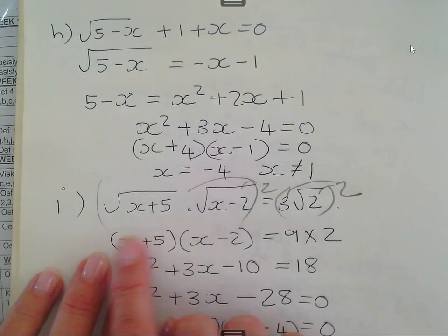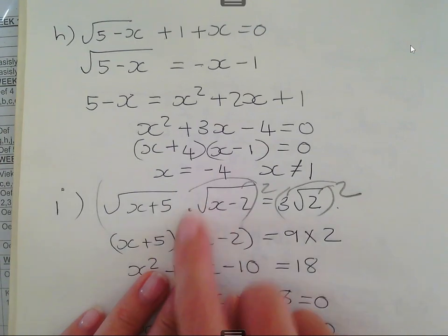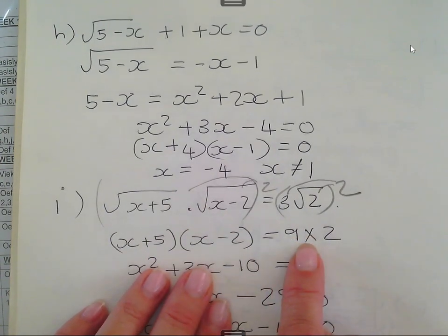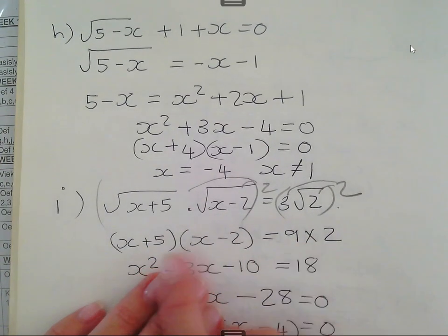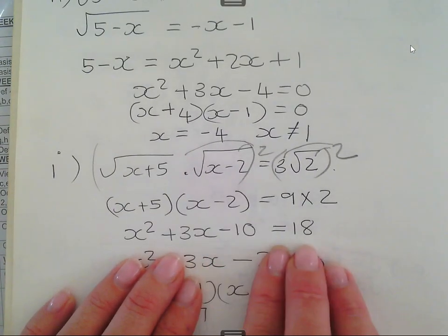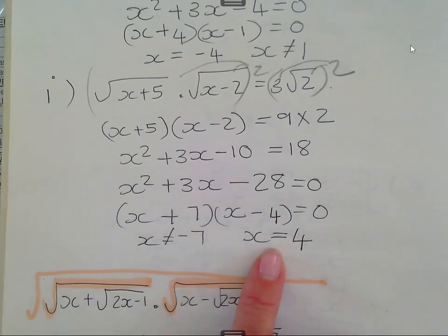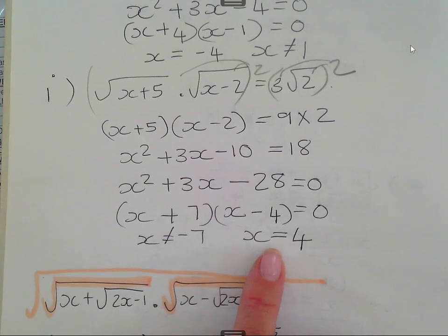So at this side, you would get rid of the surd, you would get rid of that surd. Just remember they are still multiplying, and on this side you would have 9 times 2. When you multiply that out, you get x squared plus 3x minus 10 equal to 18. Get everything on the same side. Then factorize, you get negative 7 and 4, and the one that doesn't work is negative 7.